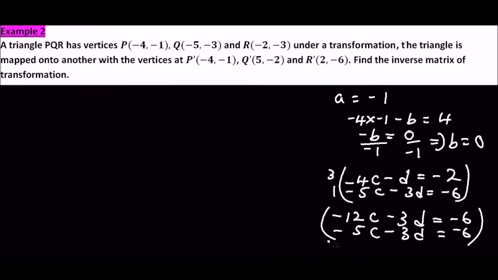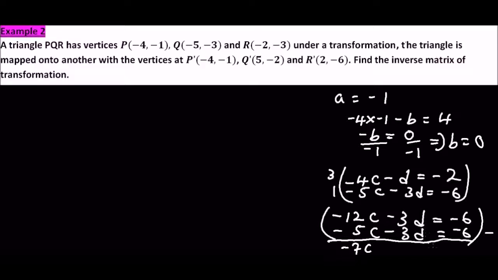So we subtract here. Minus 12c minus minus 5c will give you minus 12c plus 5c, which is minus 7c. Minus 3d minus minus 3d will be 0.